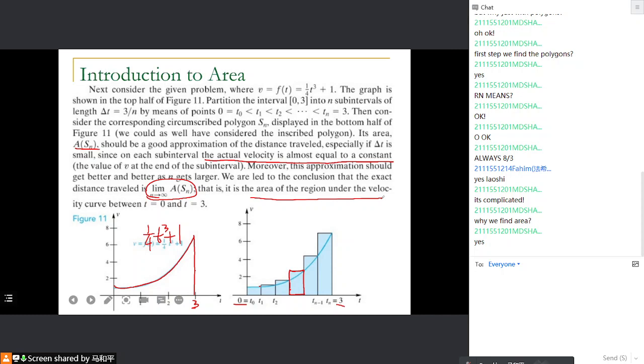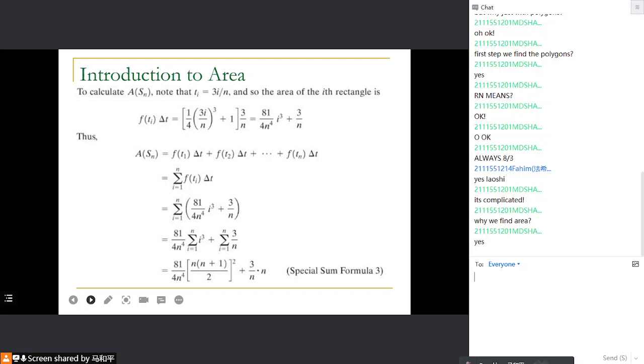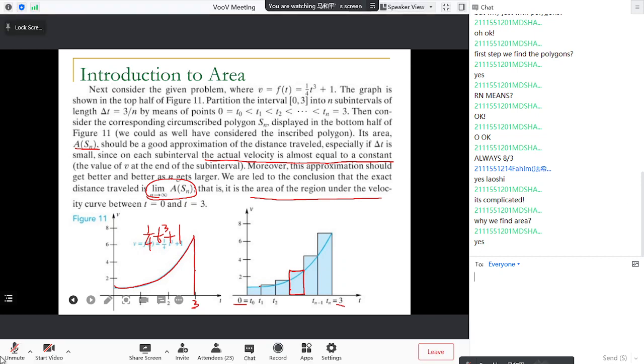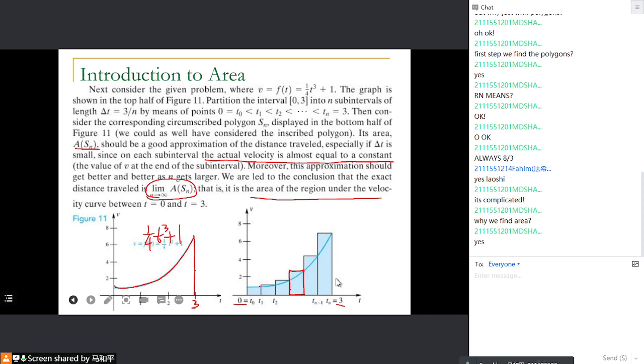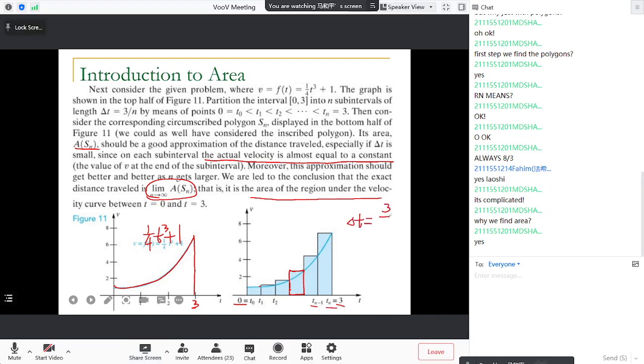So we can also use the circumscribed polygons and inscribed polygons to calculate the distance. Here f(t) is 1/4 t^3 + 1. Now we use the circumscribed polygons. First, we partition [0, 3] into n subintervals. We get t0 is 0, t1, t2, up to t_{n-1}, t_n is 3, and delta t is 3 over n.